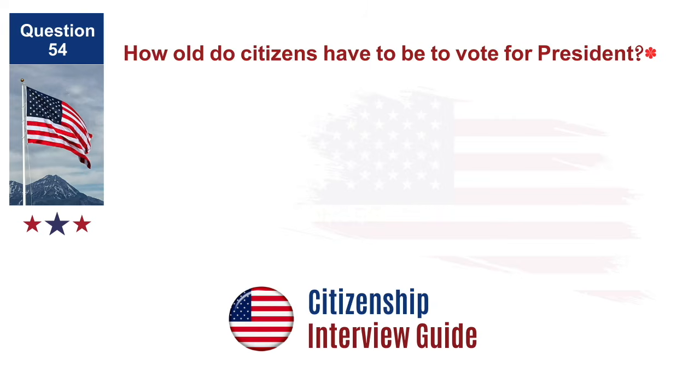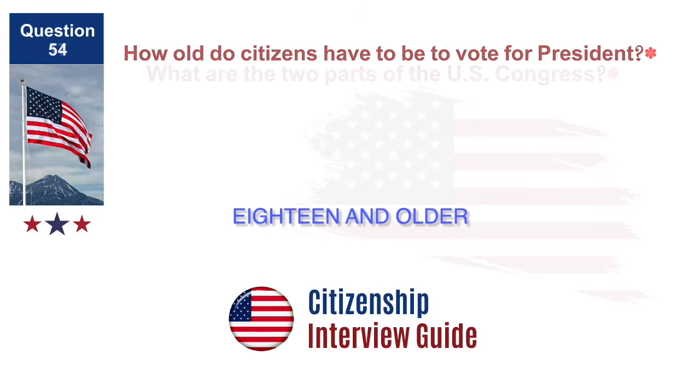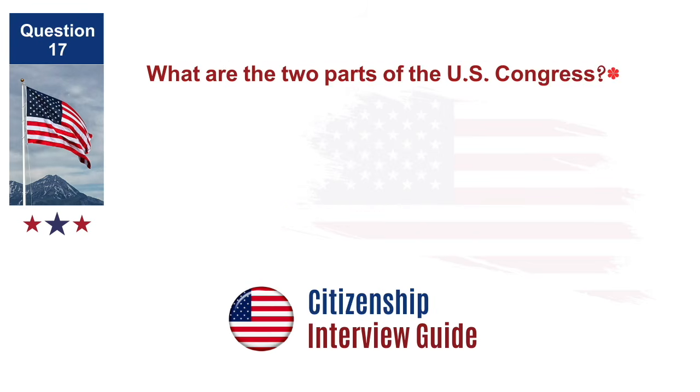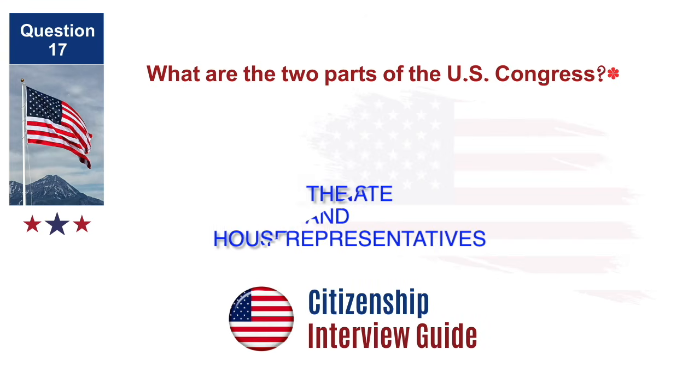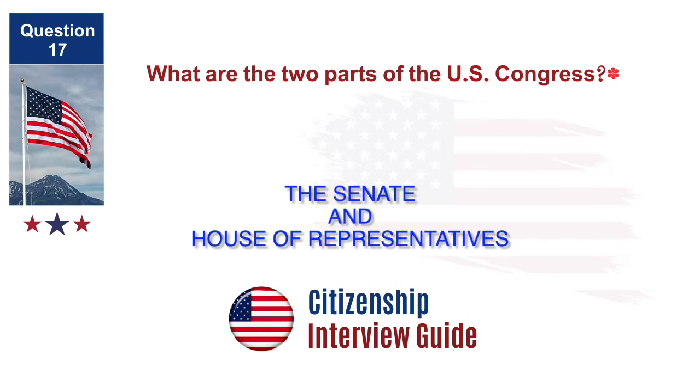How old do citizens have to be to vote for president? 18 and older. What are the 2 parts of the U.S. Congress? The Senate and House of Representatives.